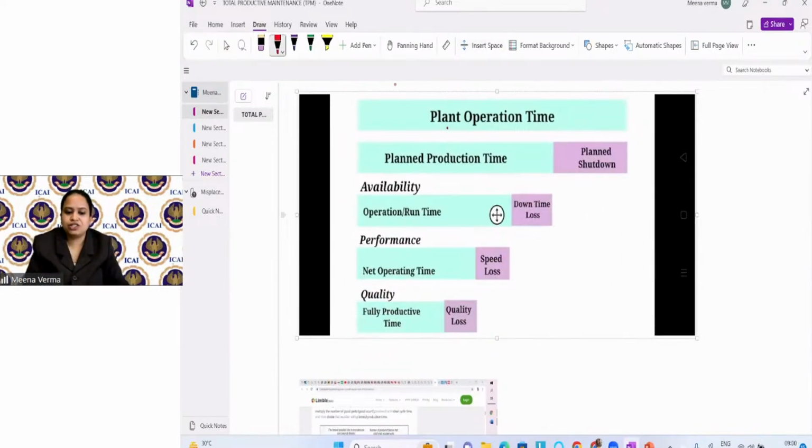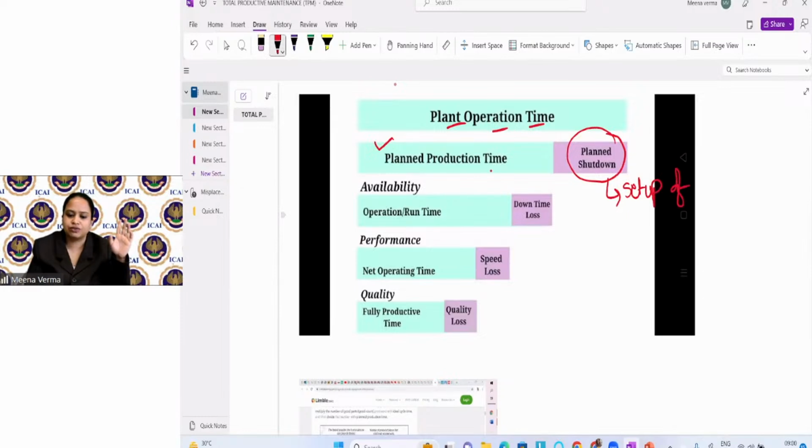So plant operation time is the time period within which the plant will operate. We can have planned production time and planned shutdown time. In the case of planned shutdown time, the setup of the machine and the time lost on setup may come here.